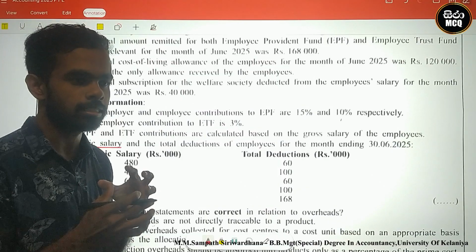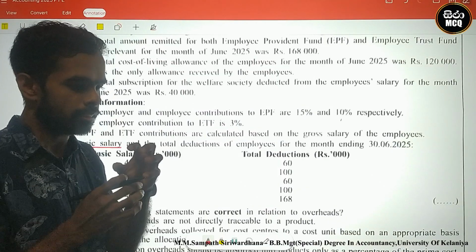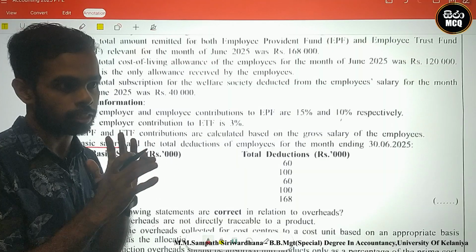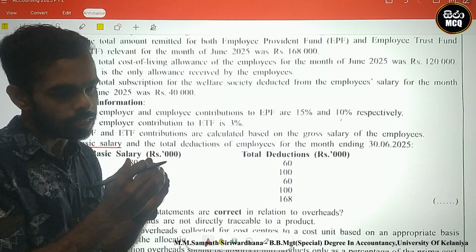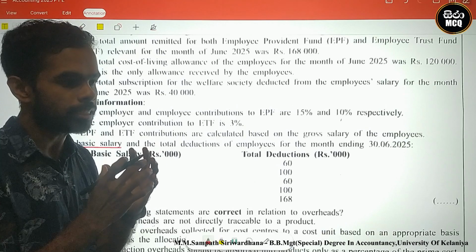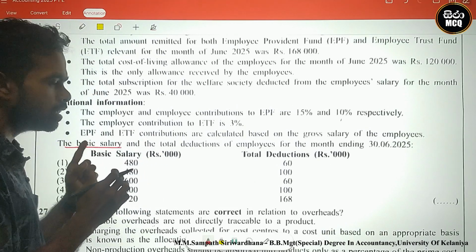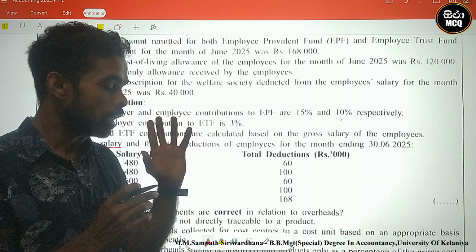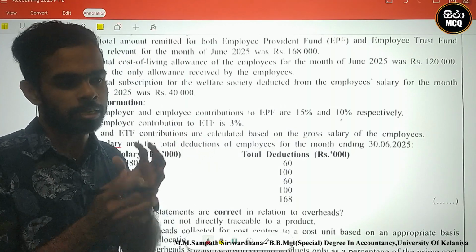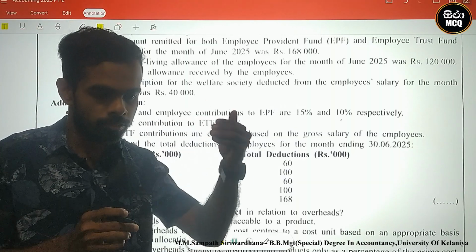You know, there is an employee, and they have a gross salary. The gross salary is calculated from the basic salary plus allowances.